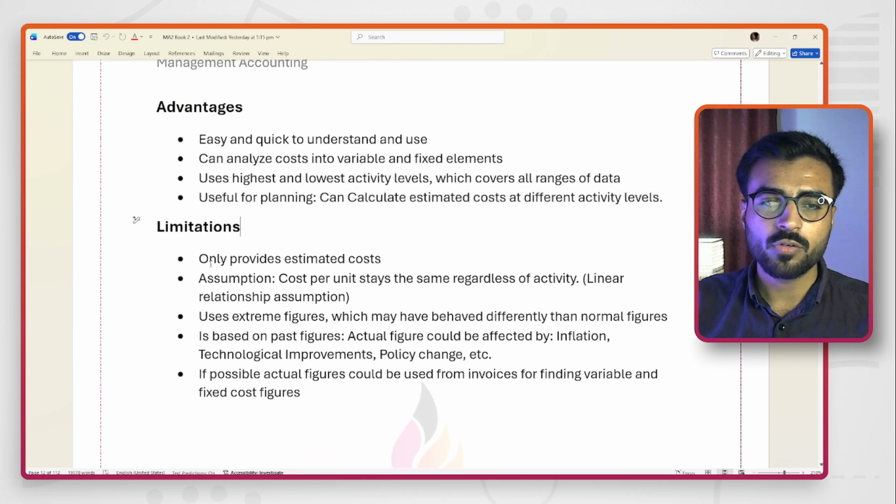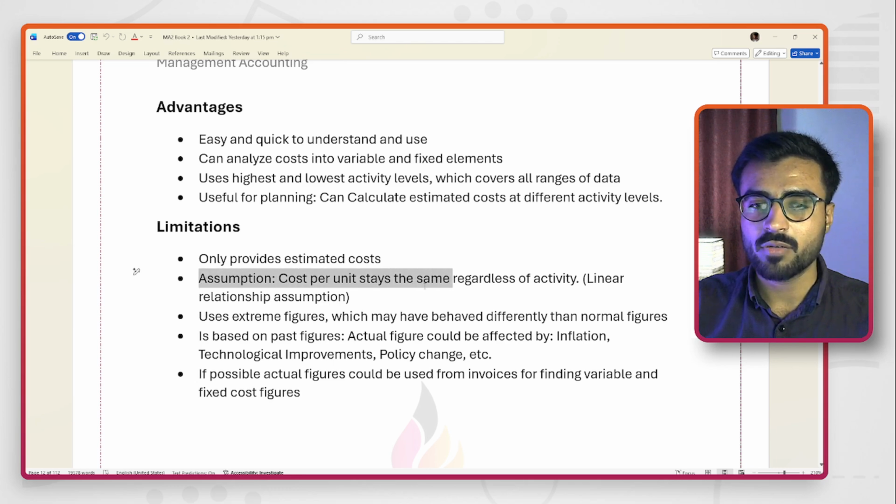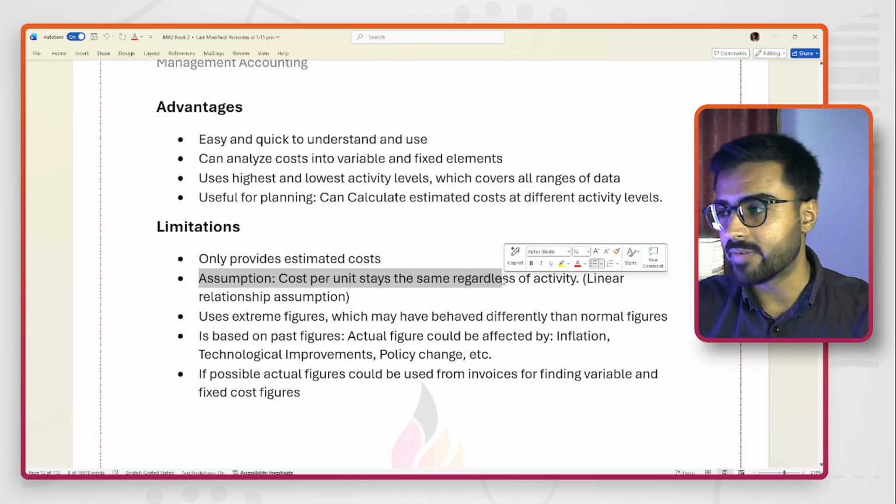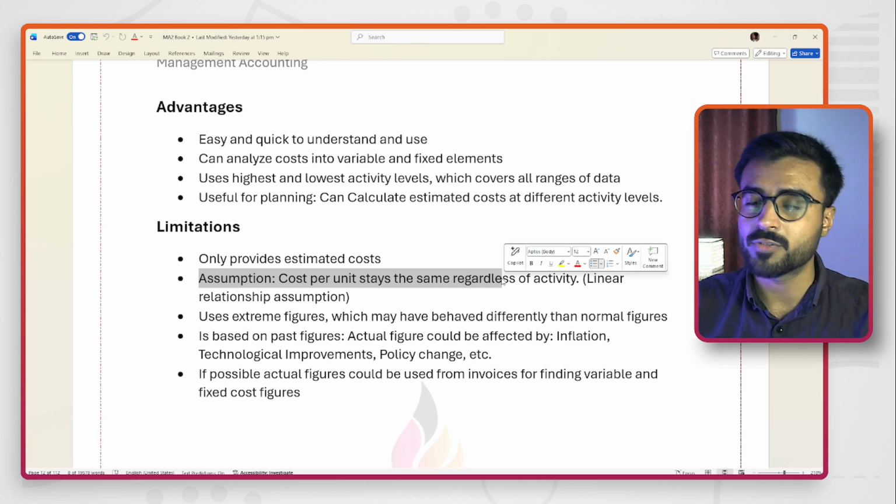So limitations include that it only provides an estimated cost. Of course this is just an estimate, and then there is an assumption that the cost per unit change stays the same regardless of activity. Of course variable cost per unit doesn't remain the same regardless of activity, it changes. Why? Because if the activity level increases, if you are doing more production, then normally you would need to purchase more material, and normally you would be purchasing it at a discounted price. Why?